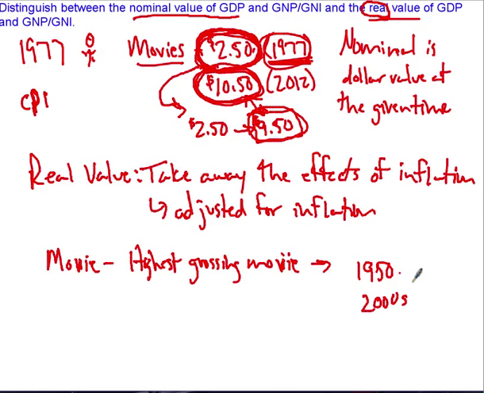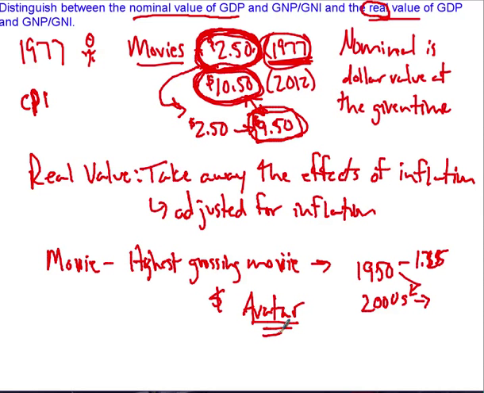Hopefully you said the 2000s, because if all we're looking at is how many dollars got brought in, the price of a movie ticket today is about $10.50, while in 1950 it might have been a buck 25 or something. So recently released movies are going to be higher grossing simply because the tickets cost more. The highest grossing movie ever is Avatar.